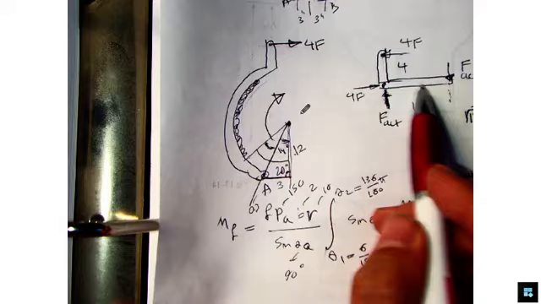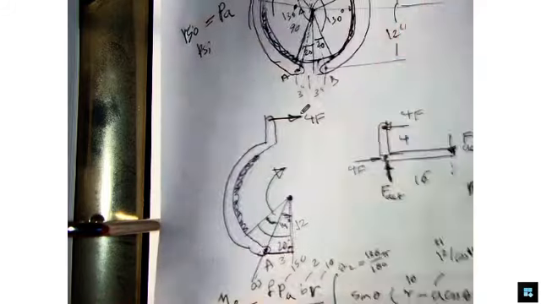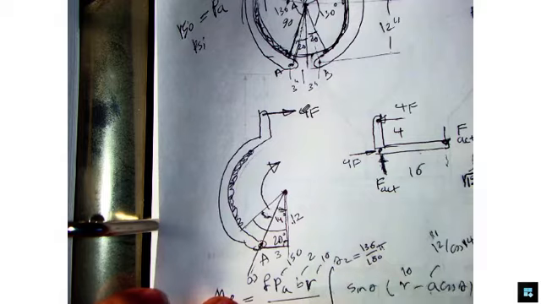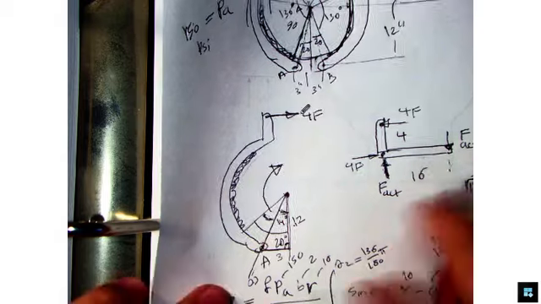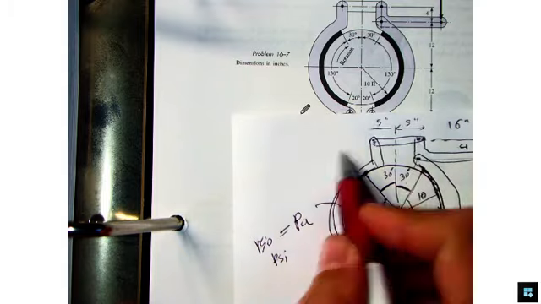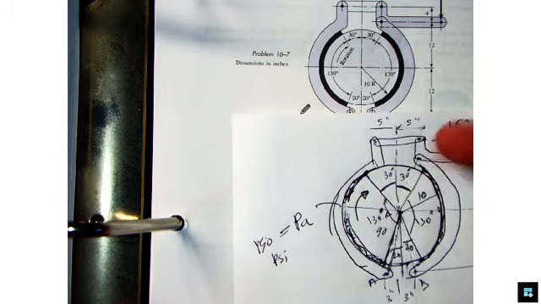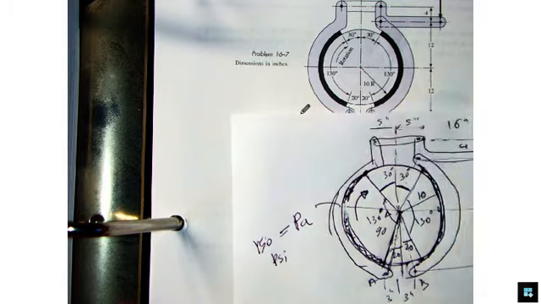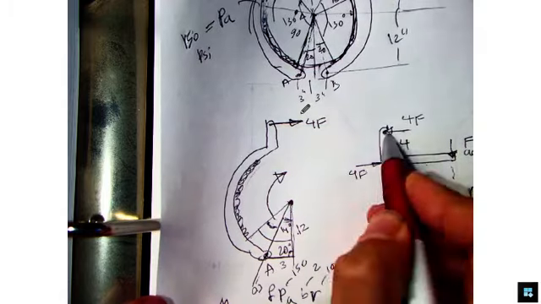So I have a free body diagram of that L bracket, this L bracket here, right? Look at this side. This arm is a two-force member, so I'm going to have force acting along the horizontal axis.